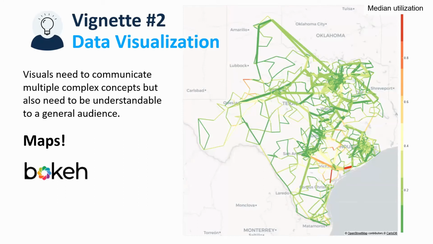This is a map showing the congestion of transmission branches of the US grid in the Texas region. And you can see that we've used a color scheme here that's similar to what you might see for a traffic congestion map. This is the kind of map that people are often very familiar with, looking at what the traffic patterns are in a given area.